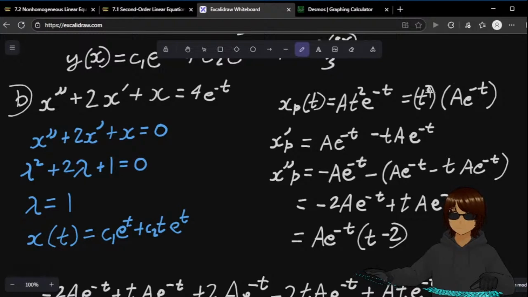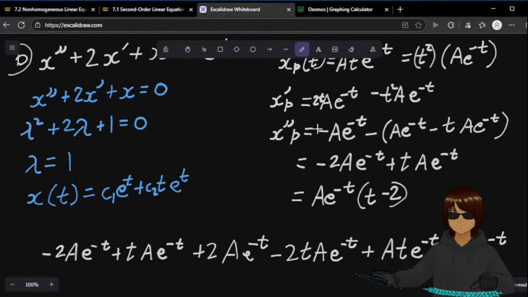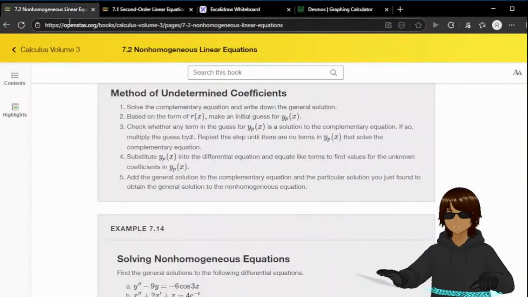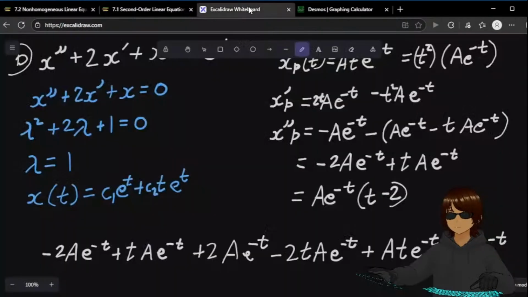So derivative of the first times the second, 2t a e minus, derivative of the first times the second plus the first times the derivative of the second. We are left with this. And now, okay, hold on.